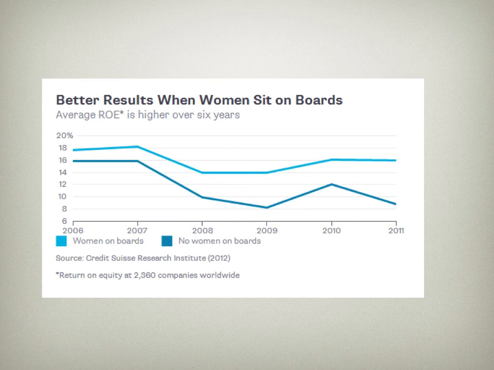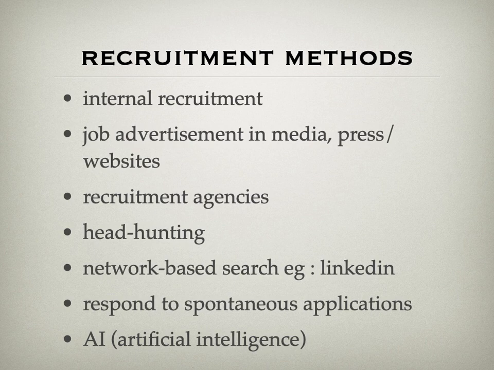And more research shows that if you have a variety of people at the board level, women, people from different nationalities, countries and backgrounds, the performance of the company is better. So we have different ways of recruiting people. You can recruit internally. You can put an advertisement for the job in the media, in the press or on websites.